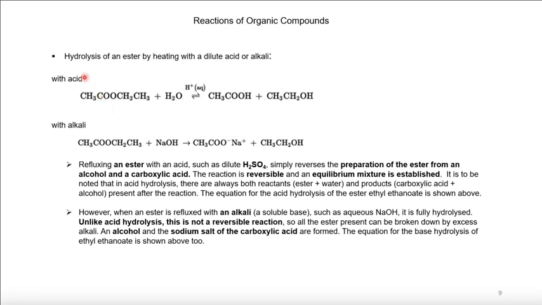In acid hydrolysis, we get acetic acid and ethanol. And with alkali, if this ester is treated with sodium hydroxide, we get the acetate ion and then ethanol. So these are the different ways of preparing organic alcohols.